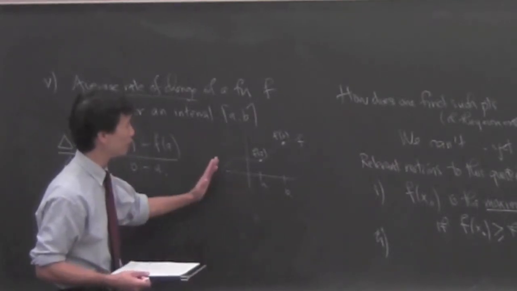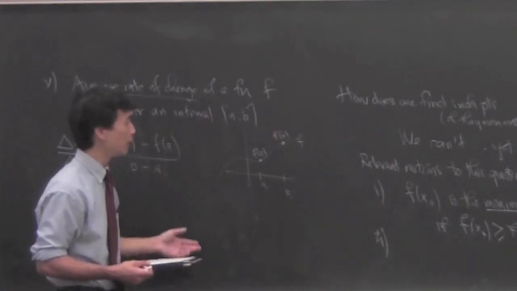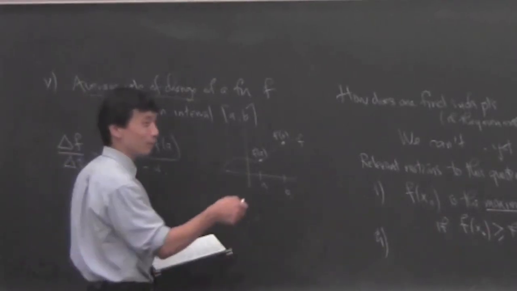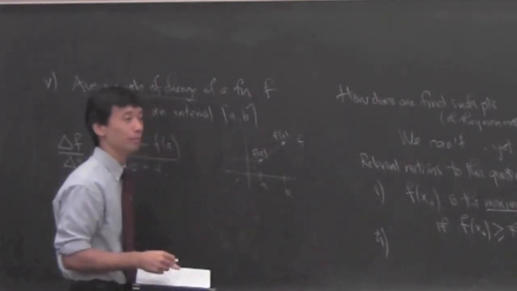The slope of what? It's not the slope of f. We usually say slope of a line, right? What line? The line between those 2 points. That's right, the slope of the line passing through these 2 points.